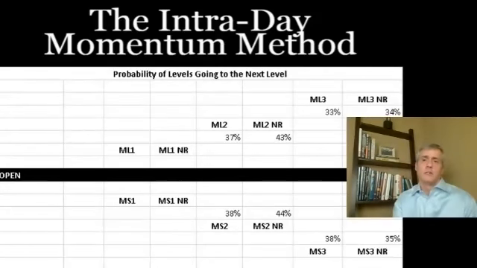If we get to the ML1 and it's not an intraday reversal, we get to the ML2 43% of the time. If we got to the MS1 level, we got to the MS2 level down 38% of the time. And if we got to the MS1 level and it was not an intraday reversal, we got to the MS2 44% of the time.